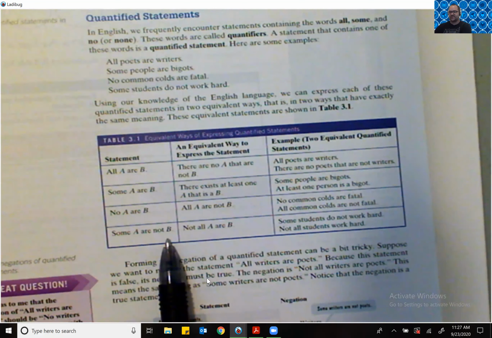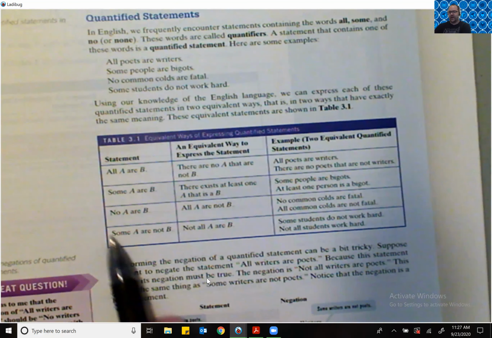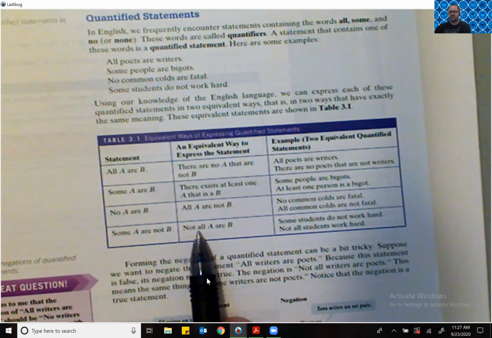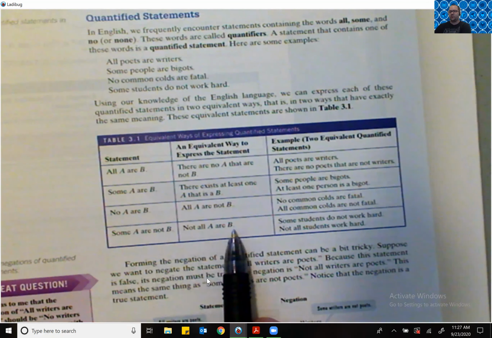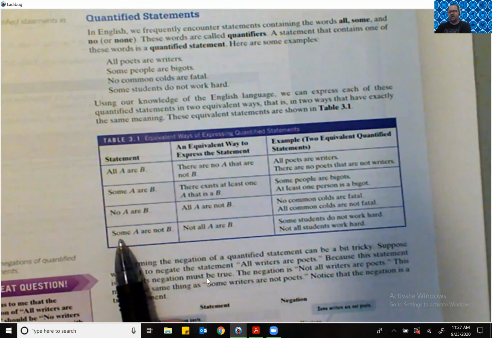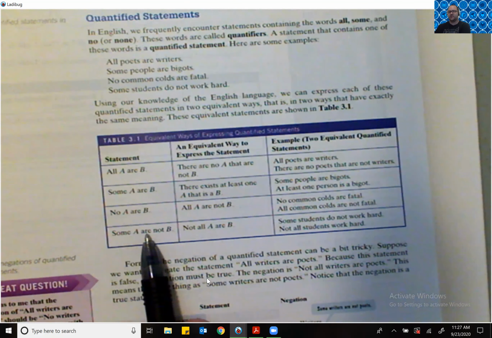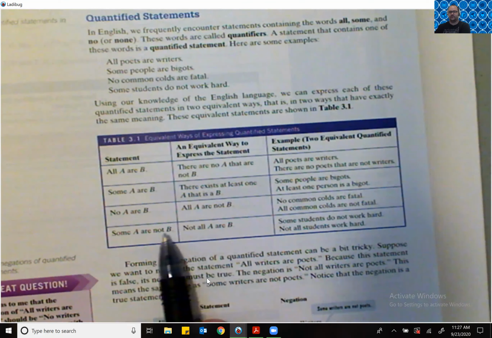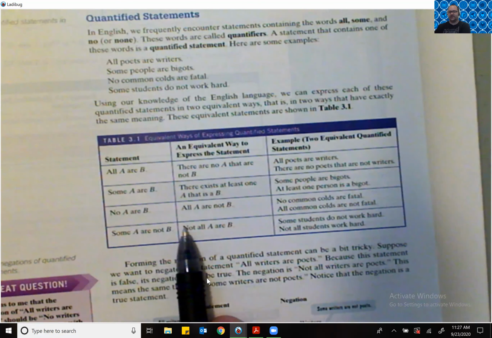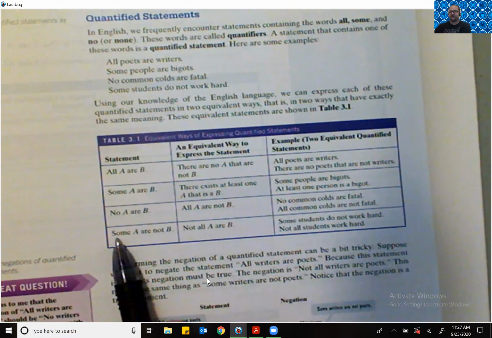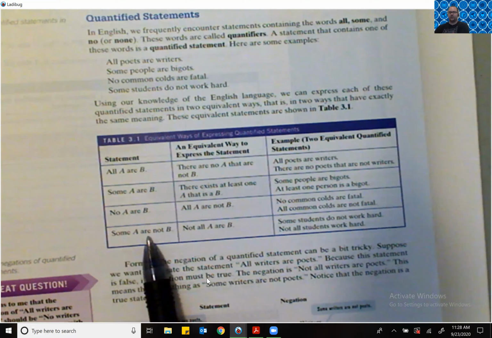So this is the statement we need to make. Not all students are bored. So the equivalent statement will be some students are not bored. Okay? That's the equivalent statement for this. So you're going to go in there to the multiple choice and you're going to find some students are not bored.